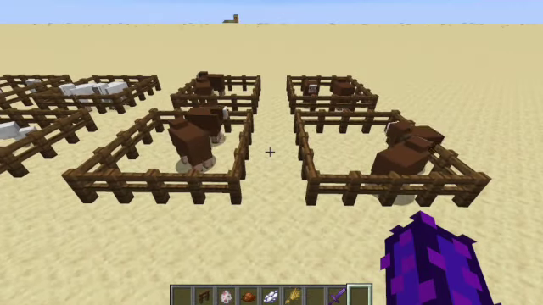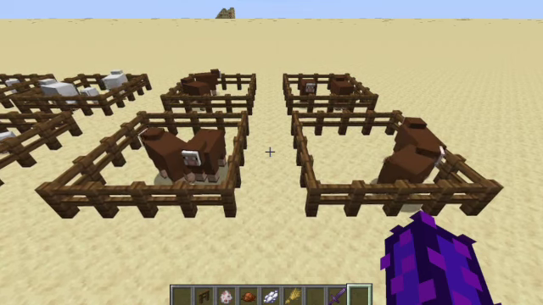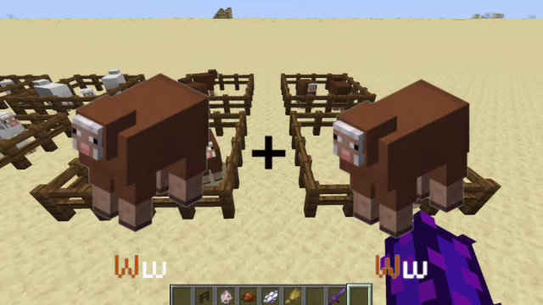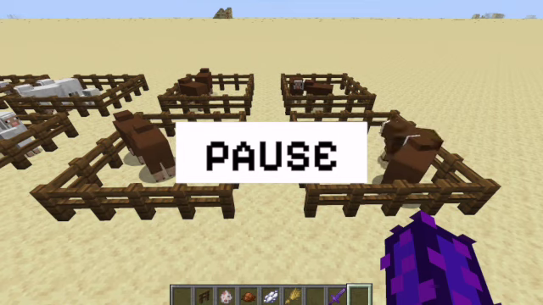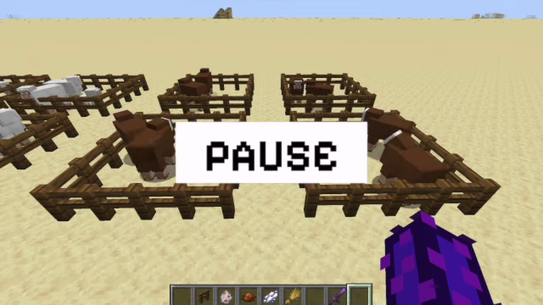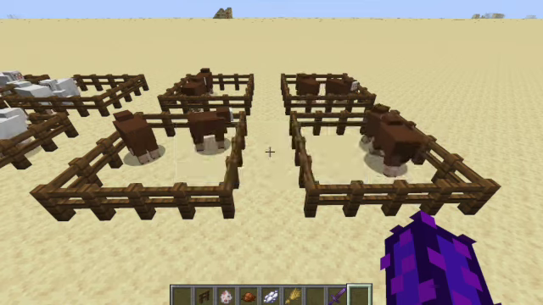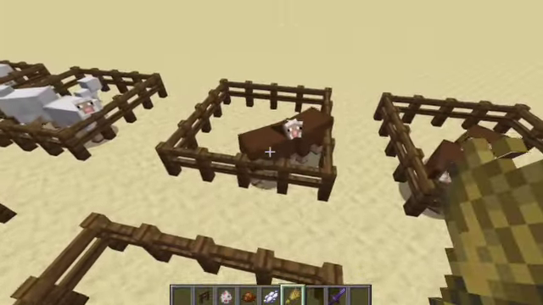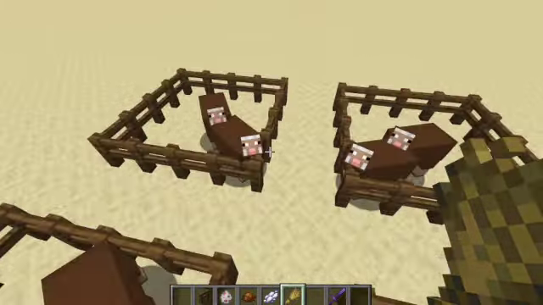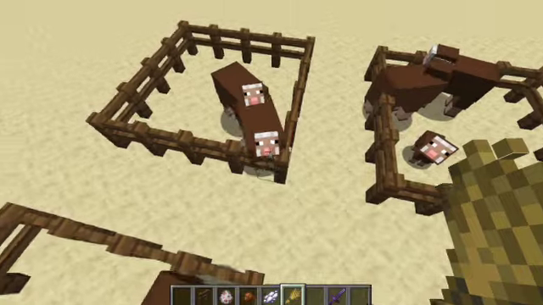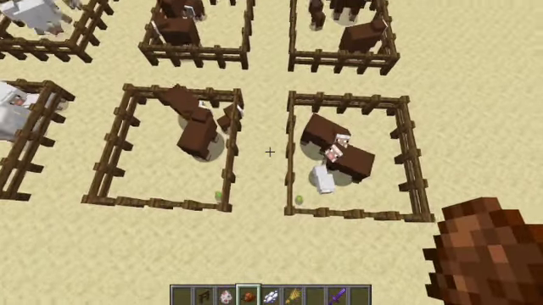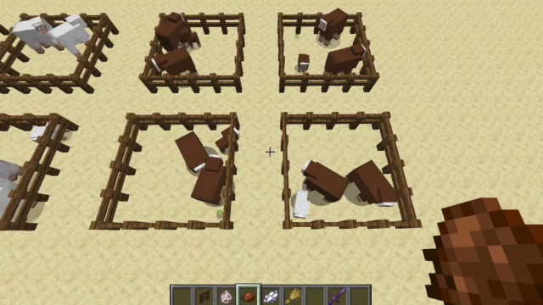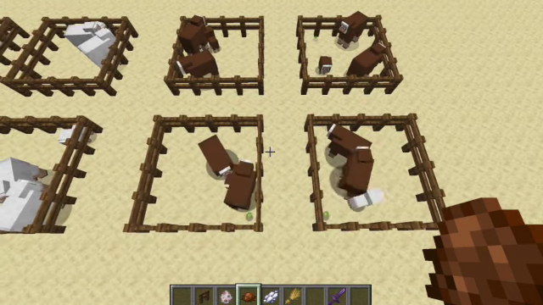Lastly, what would be the percentages of the phenotypes and genotypes of the offspring if two heterozygous brown sheep are crossed? Pause the video and create a Punnett square to try and figure this out on your own. Okay, so after breeding the sheep, we can see that 3 of them are brown and 1 is white.